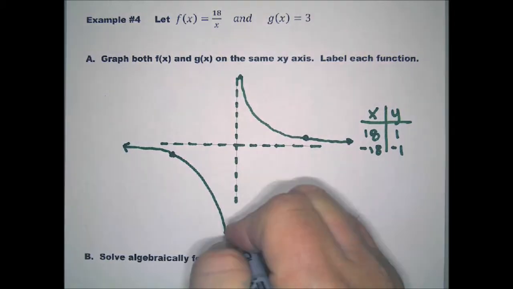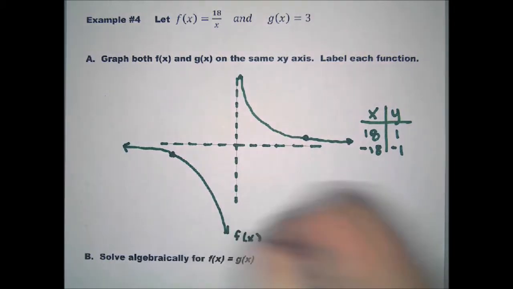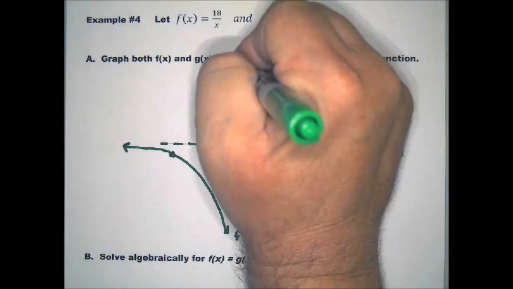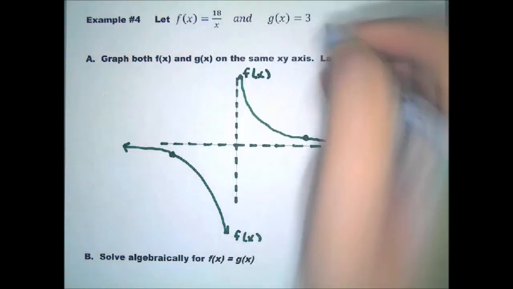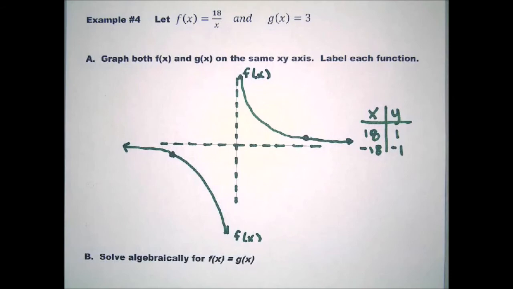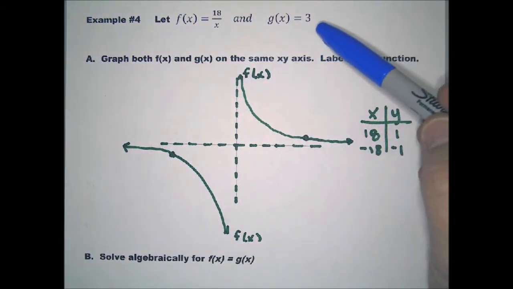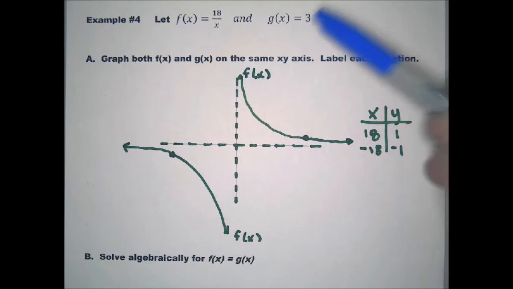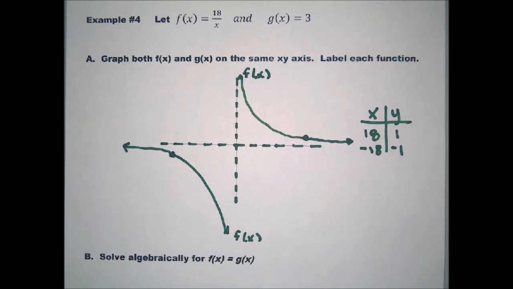So this is f of x, and this is part of f of x right here. So the green curves are f of x. Now what about g of x equals 3? Well, that's a constant. G of x equals 3 is just a horizontal line at positive 3.